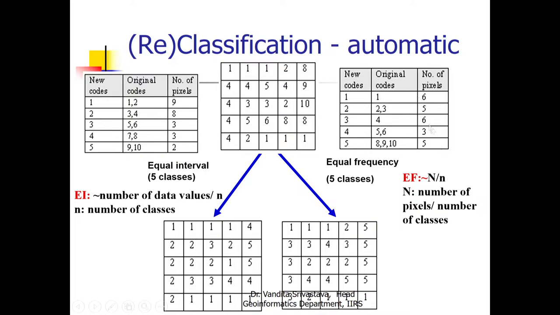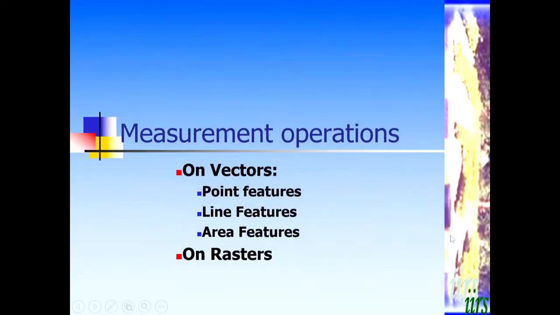So likewise for other points it is clubbed. So the input classes are clubbed in a manner to maintain equal frequency in the output classes, and that is the outcome here. So this will have a better uniform representation of each class in the output as compared to equal interval classification.